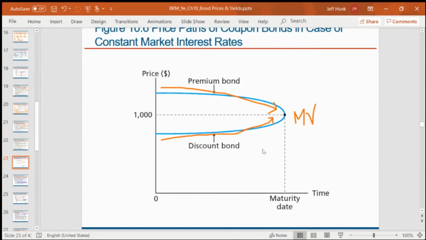In the case of a discount bond, as you approach maturity, because it started from a deep or slight discount, depending on the difference between the coupon rate and the discount rate, the yield, it will show an upsloping pattern, and the premium bond will show a downsloping pattern, right?